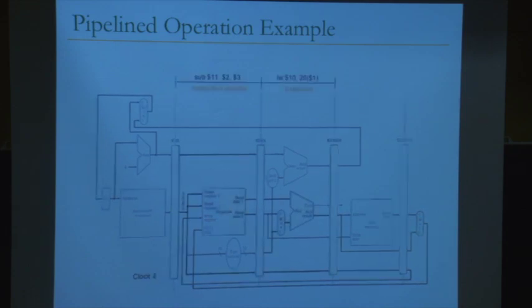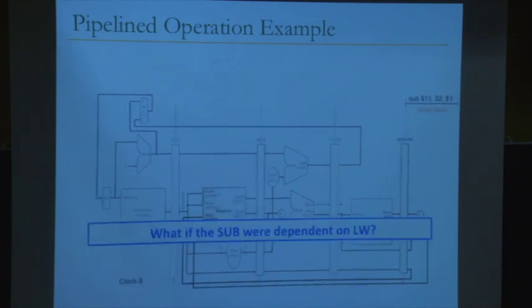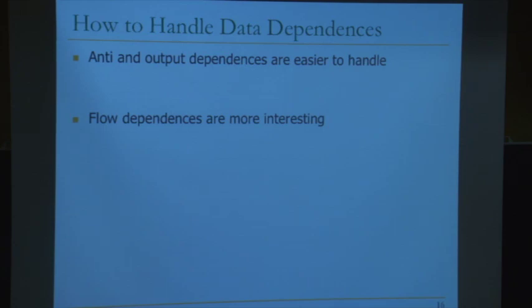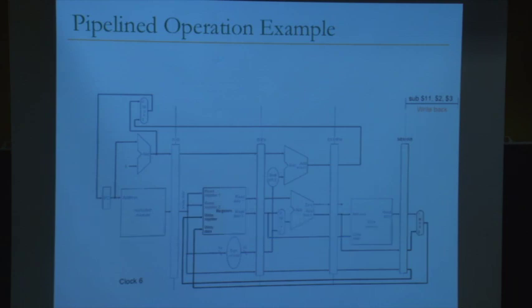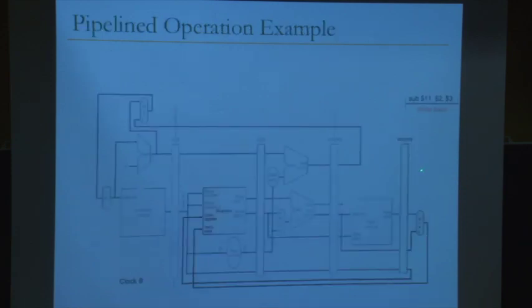Make sense? So basically, if the two instructions are dependent, the subtract cannot move, and you've got to stall the subtract at the right place. I guess before that, stall is one option, but we'll see other options too. These anti and output dependencies are actually easier to handle in a pipelined machine, at least in the pipelined machine we designed here.